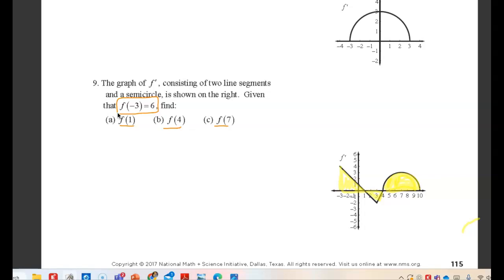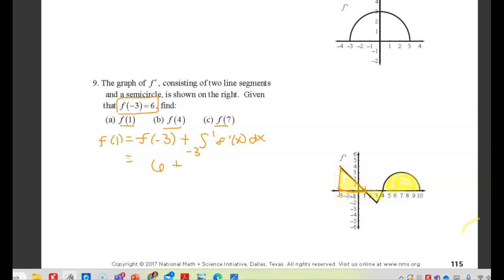So f of -3 is 6, and we're looking for f of 1. So f of 1 would equal f of -3 plus the integral from -3 to 1 of f prime of x dx. So -3 is 6, and now I'm going to add the area under the curve from -3 to 1, which is this triangular space here.